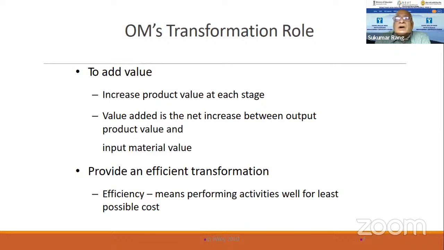Now, before I go further, you must have heard of B2B and B2C. It's a simple thing. B2B is business to business, and B2C is business to customer. Like I just told you about a car. A car is sold to a customer through a distributor. So it is a B2C operation.